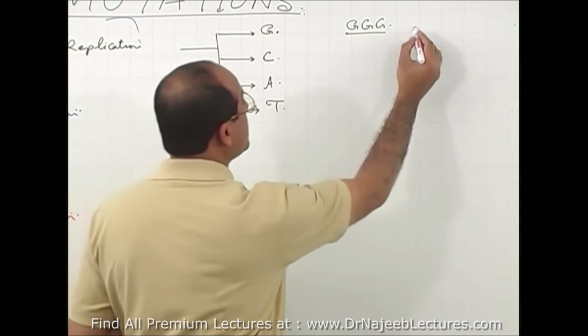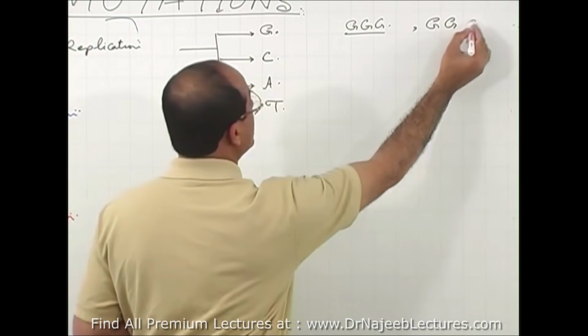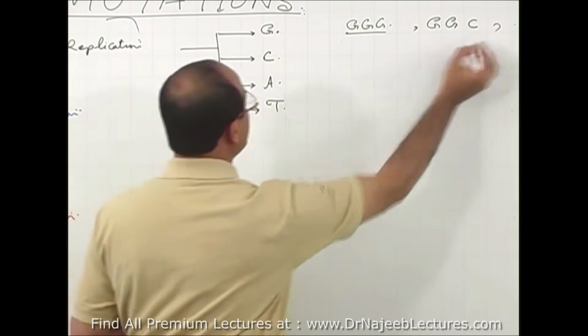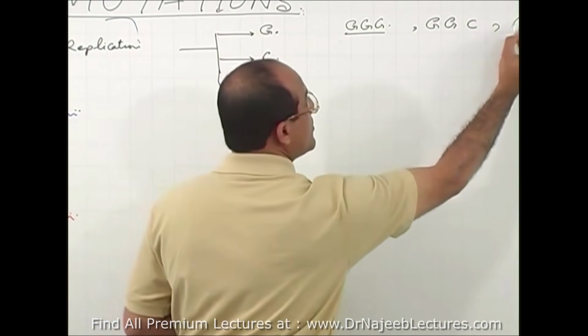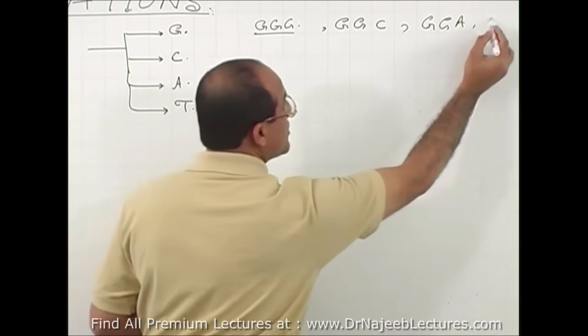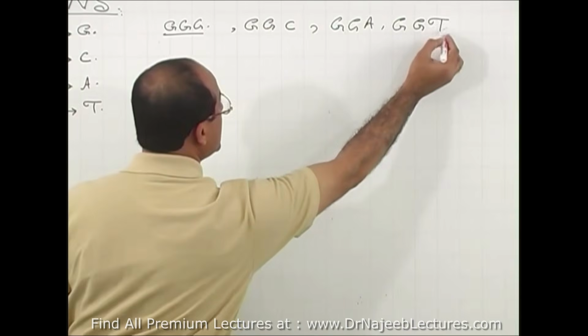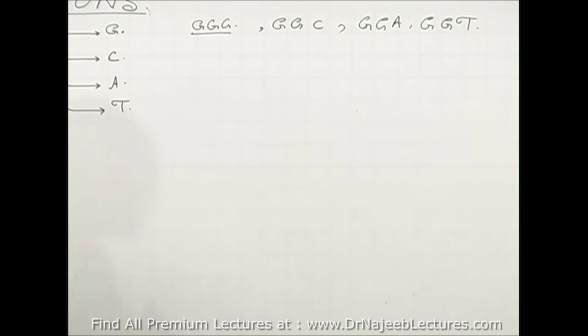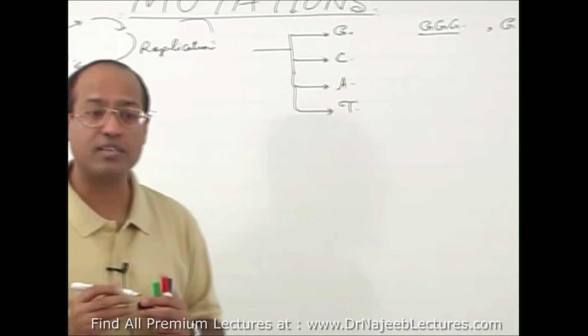Now, it may be GGC, or it may be GGA, right? Or it may be GGT, and so forth. You can make a lot of combinations.